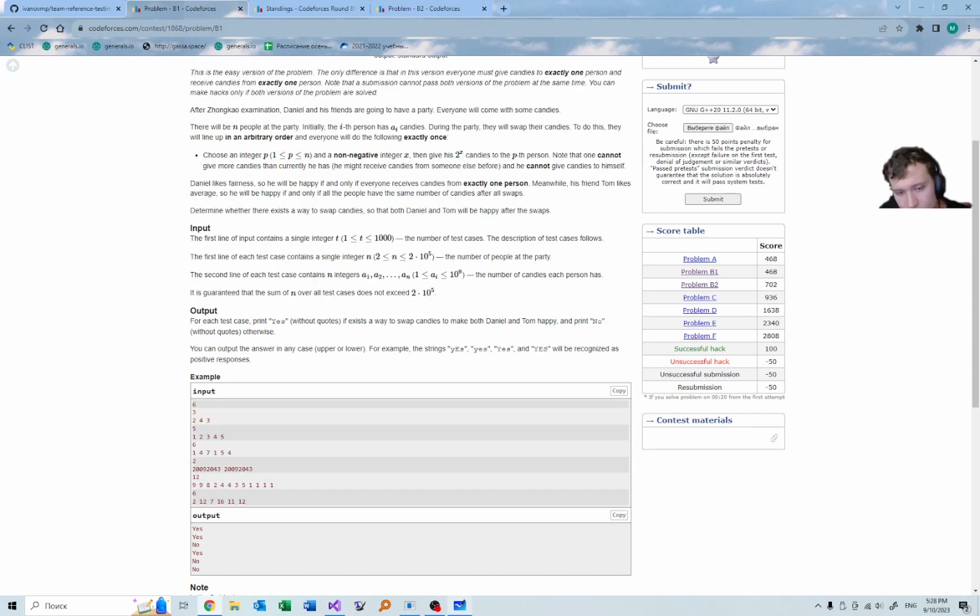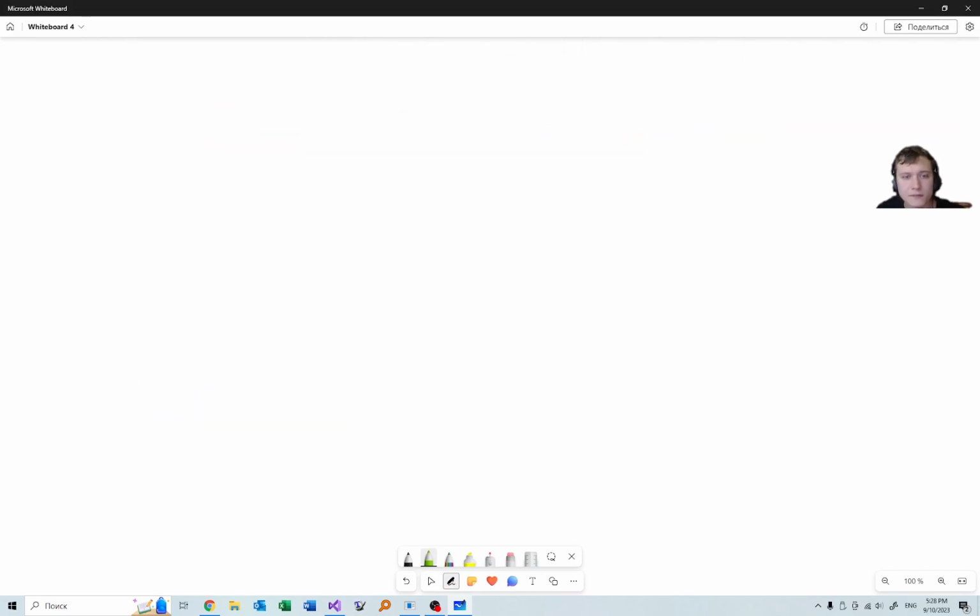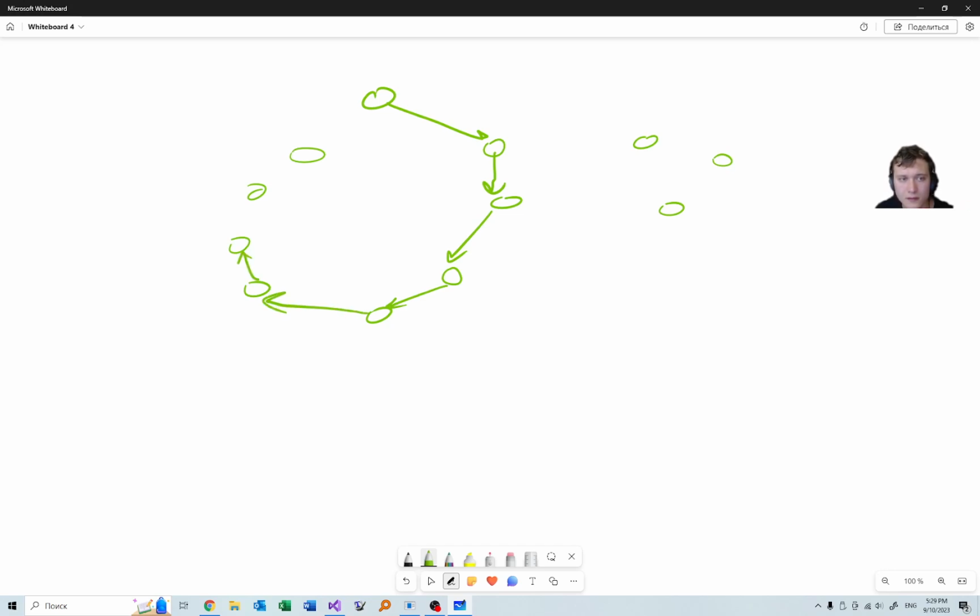So we need to make a permutation of people, and everyone gives the next person several candies. And the point is that the number should be equal in the end.